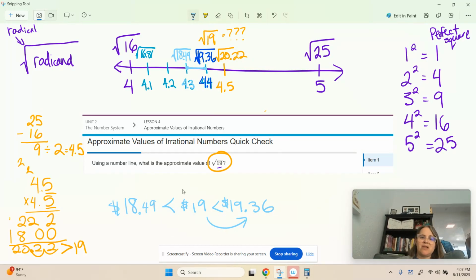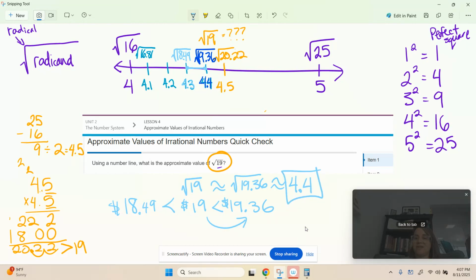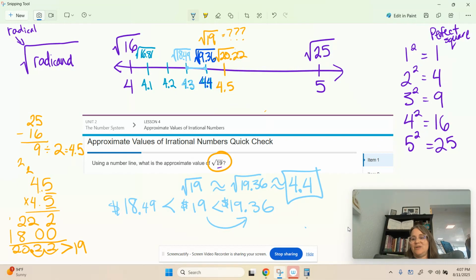So what I'm going to say here is that the square root of 19 is very close to the square root of 19.36, meaning it's very close to 4.4. And that's my answer. All right. Whew. These are hard, you guys. Hard to keep it all in my head.